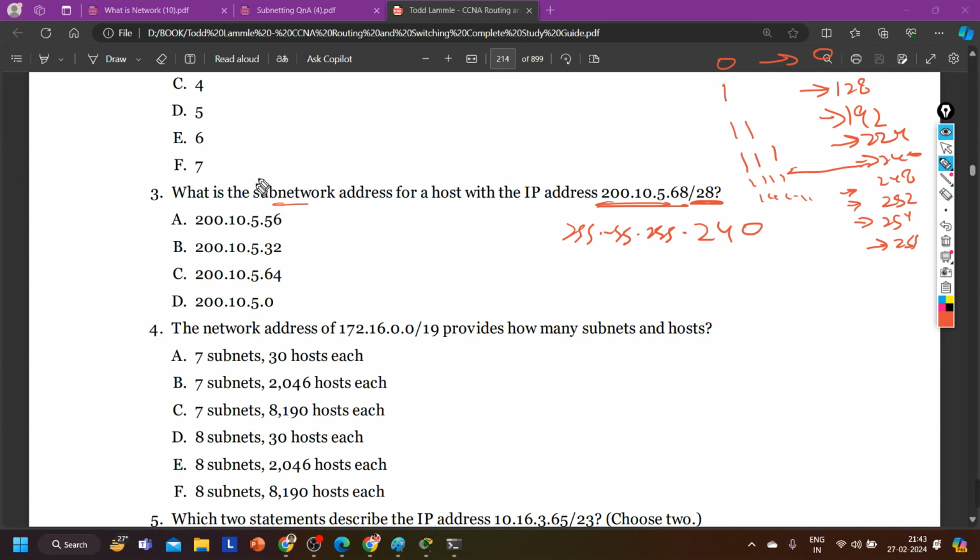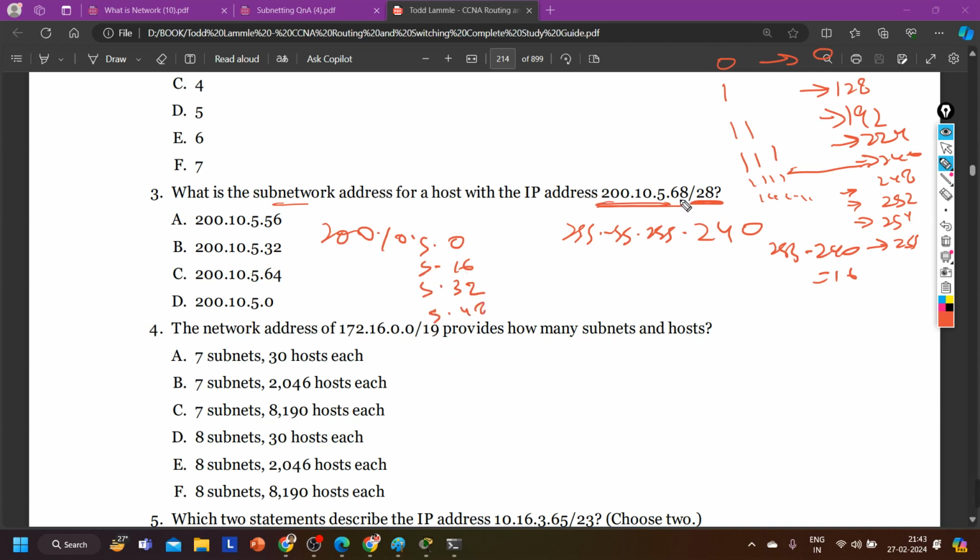Yes. Now guys, read the question again. It is asking for the network ID of this IP address. So now you can find the block size. Block size is 256 minus 240, that means 16, right? So the first network will be 200.10.5.0. Second network 16, third network 32, sorry, not like this: 5.16, 5.32, 5.48, like this.